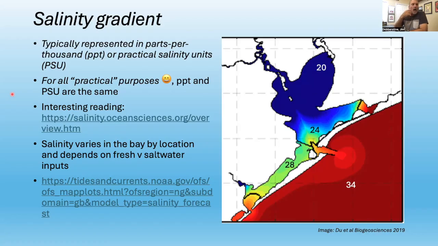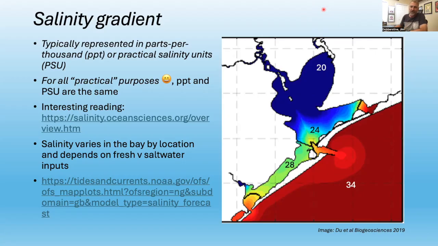So, as you know, the salinity will vary from the top of the bay to the lower part of the bay. This upper part of the bay is, again, disproportionately impacted by freshwater inflows out of the San Jacinto and Trinity rivers. Now, this value here, 20 parts per thousand, would be something you'd see typically after an extended dry period across the Trinity River watershed.